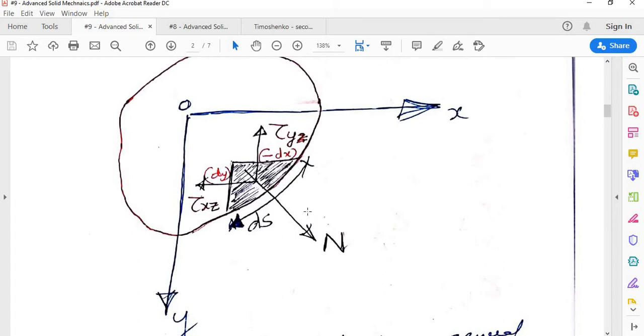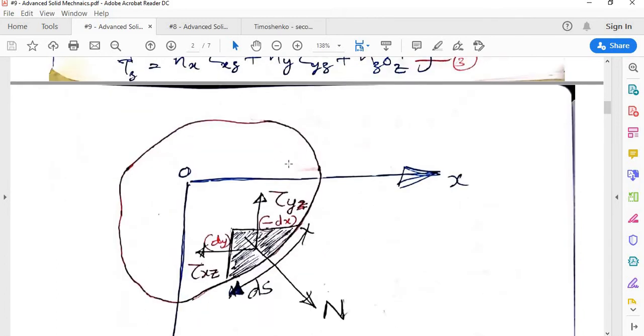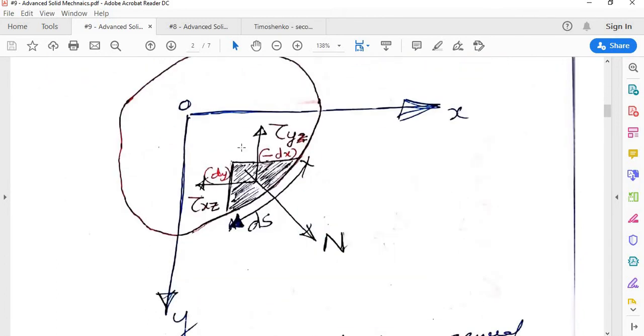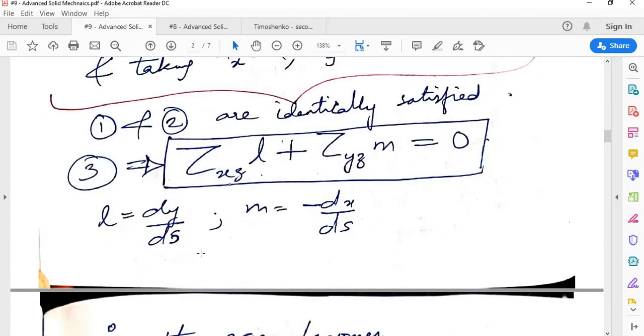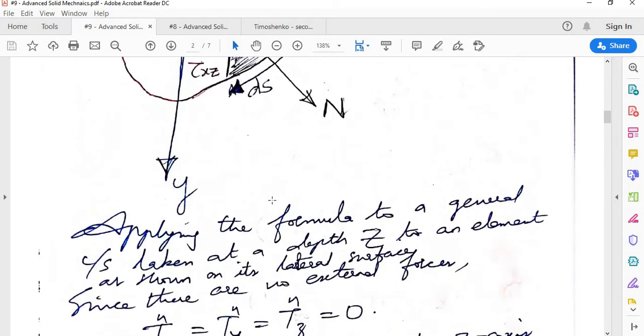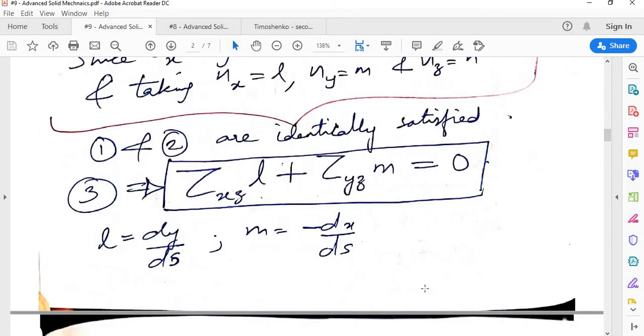But in Cauchy's formula, we need the direction cosines of the outward drawn normal, so it will be reversed. Along the x direction it will be dy by ds, where ds is this length, and along the y direction it is minus dx by ds.